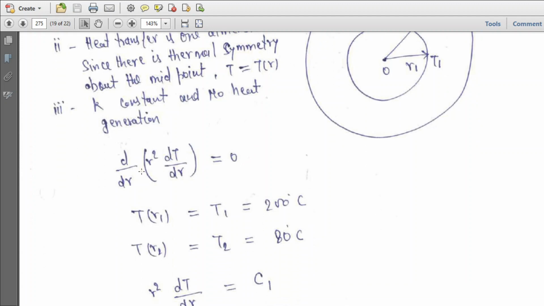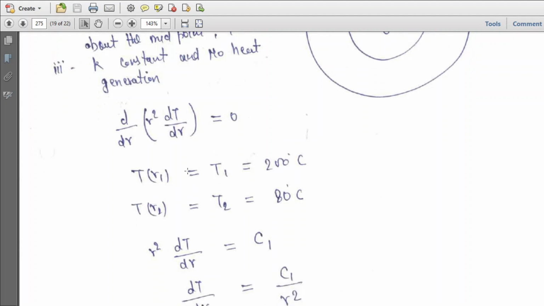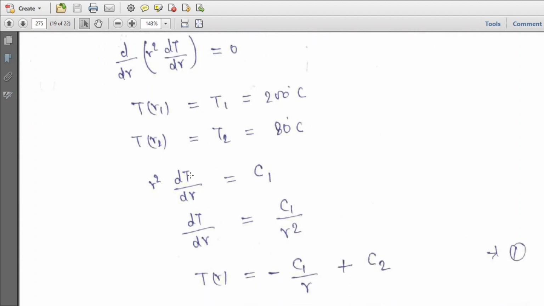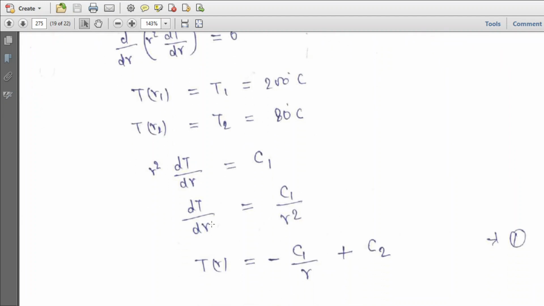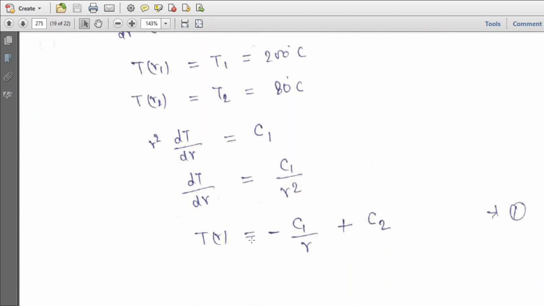For that case, our governing equation is d upon dr of (r square dT upon dr) equal to 0. Two boundary conditions: T equal to T1 at R equal to R1, and at R equal to R2, T2 equal to 80 degrees Celsius. By integrating that, our governing solution would become T equal to C1 upon R plus C2.